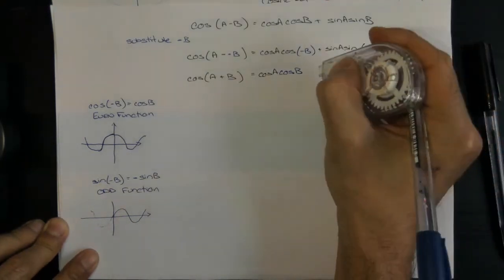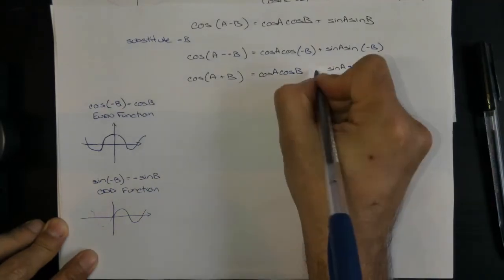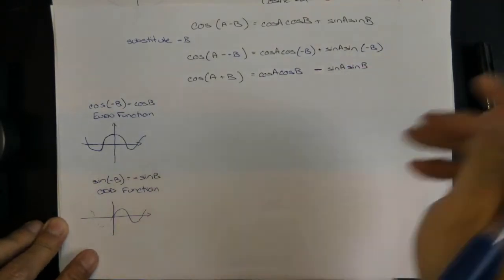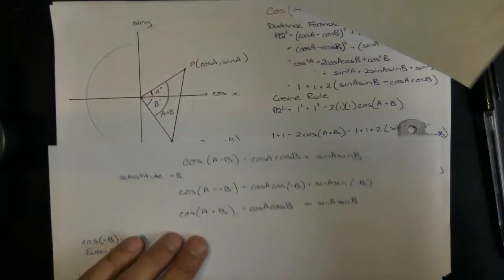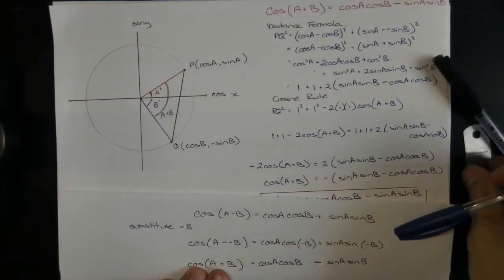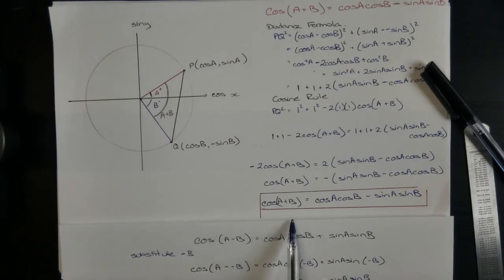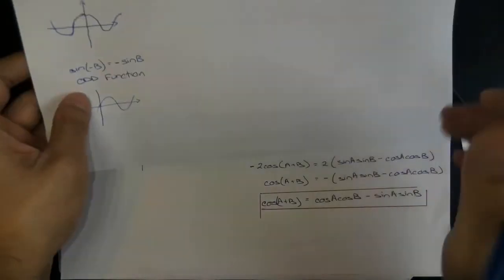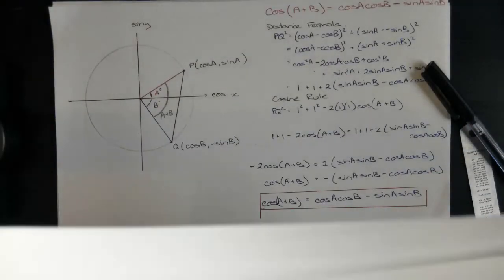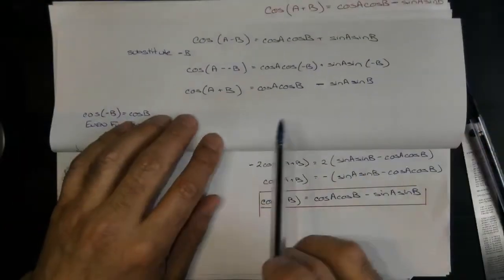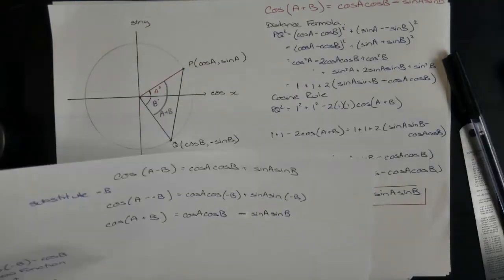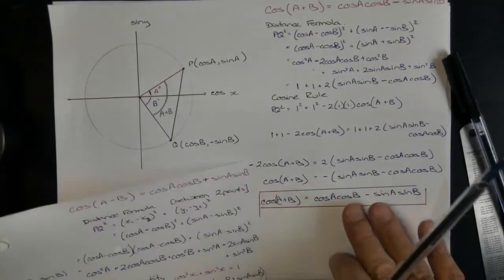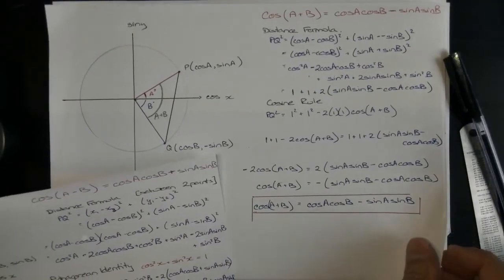So it changes that positive to a negative. And that's the proof, the same proof as what we came up with before. So that's cos A minus B, cos A plus B.